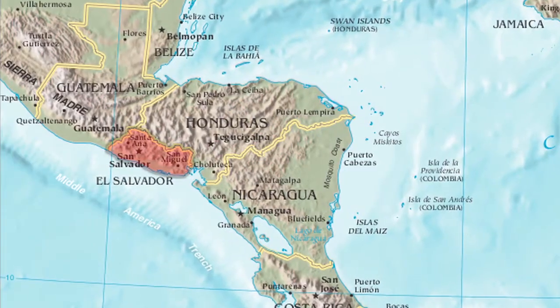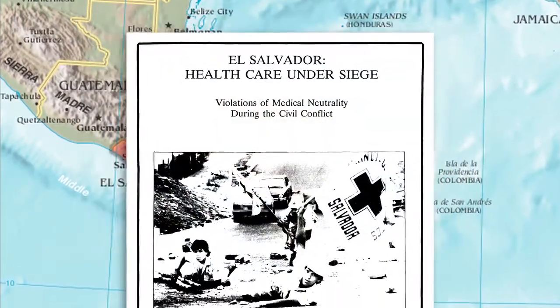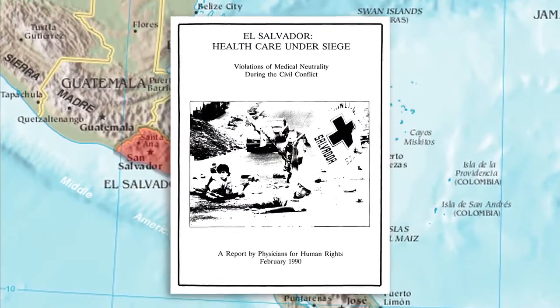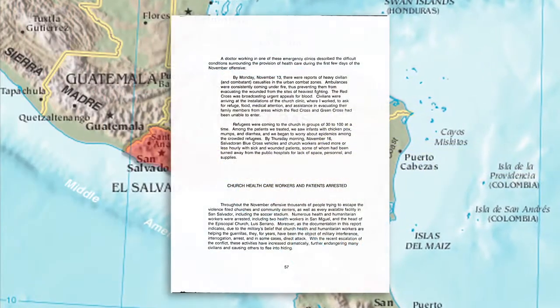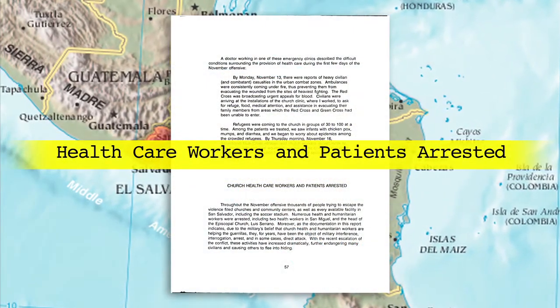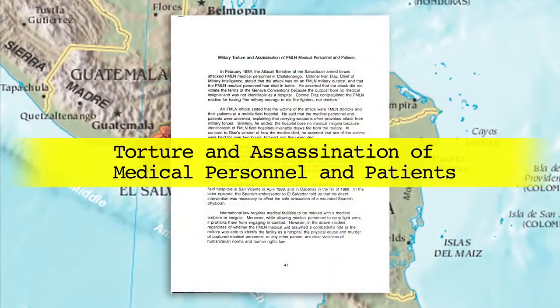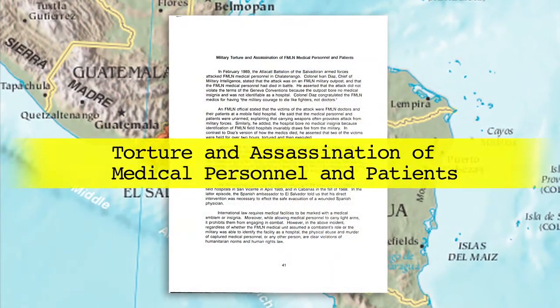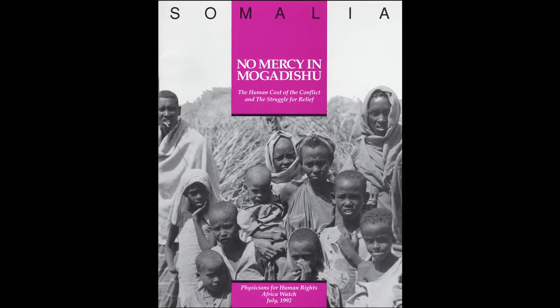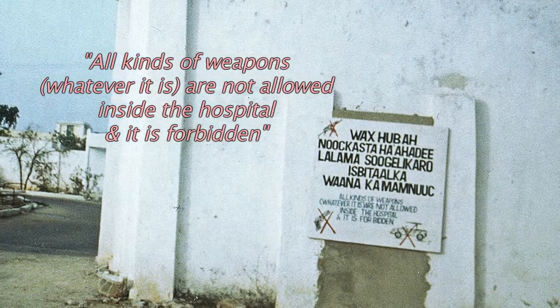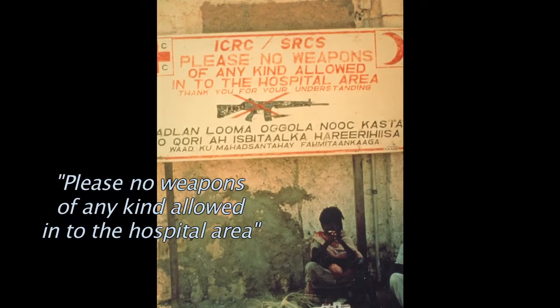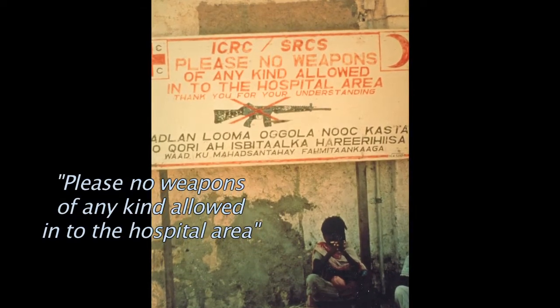During the Civil War in El Salvador, the protection that should have been afforded to health workers was repeatedly violated, and hospitals were attacked, sometimes bombed, and health workers were assaulted, arrested, and frequently tortured, and sometimes actually executed. During Somalia's civil war, the Red Cross actually had to put signs up in front of the hospital begging the rebels and other militias not to bring guns inside the hospital.